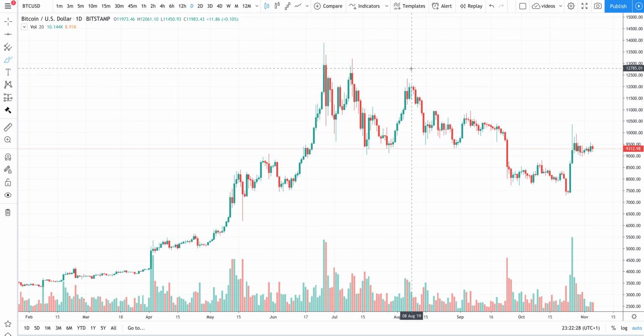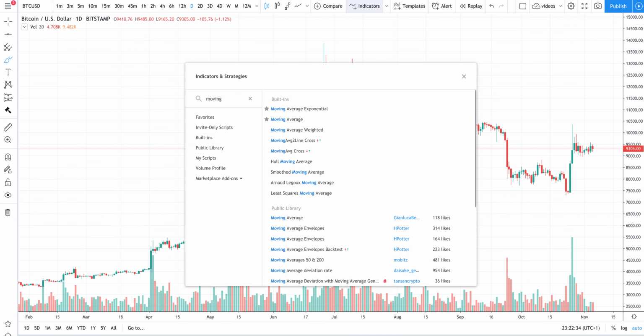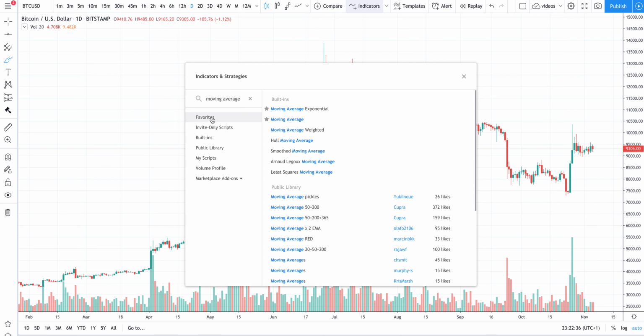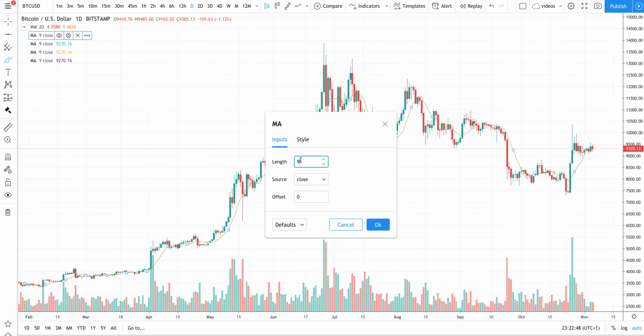In order to understand these topics, I suggest you use the moving average. Moving average. This tool is very interesting. I will add 4 moving averages just to show you something very cool.